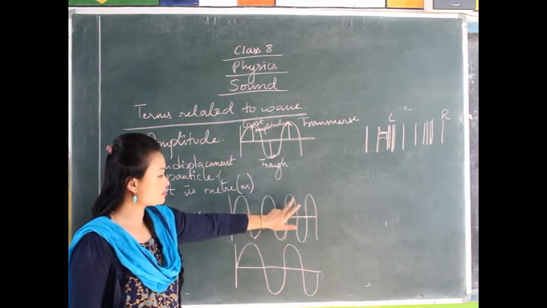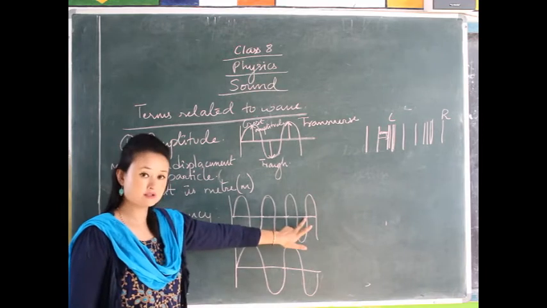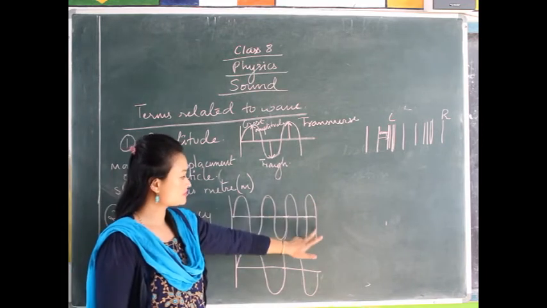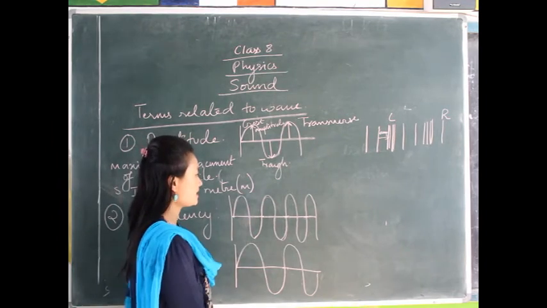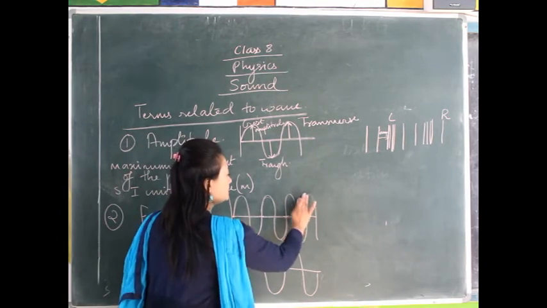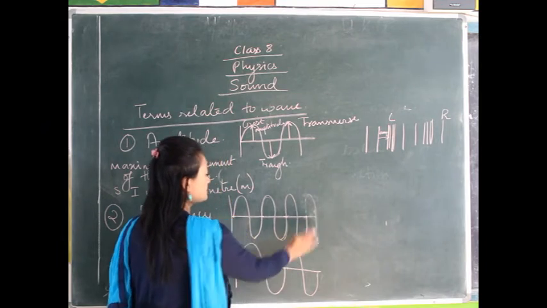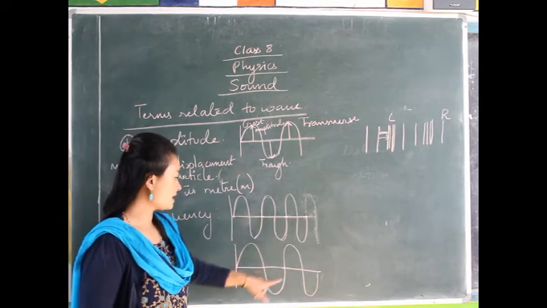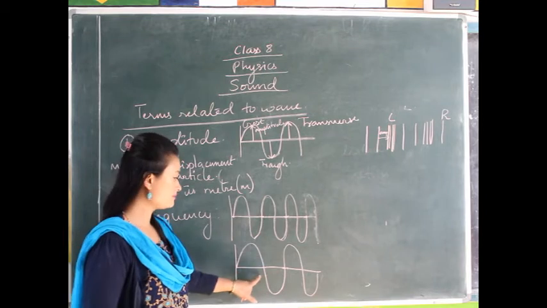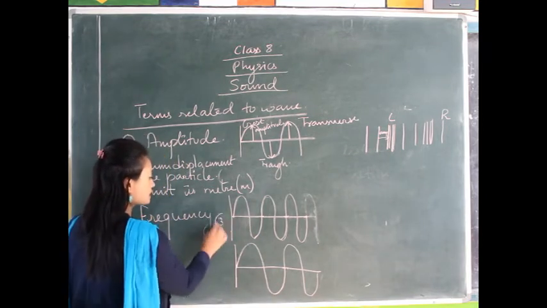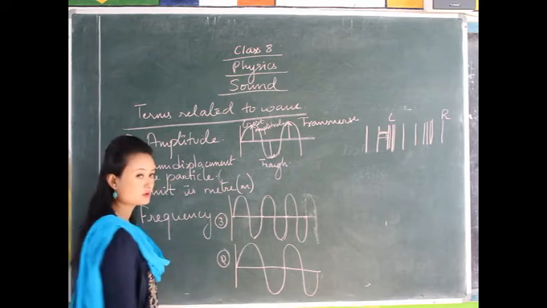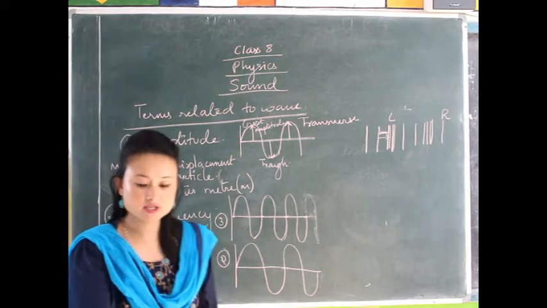Starting from here again it goes up, this is your 3. You can count it as 3 and a half, or you can complete till here. So the frequency here is 3, and here it is 2.